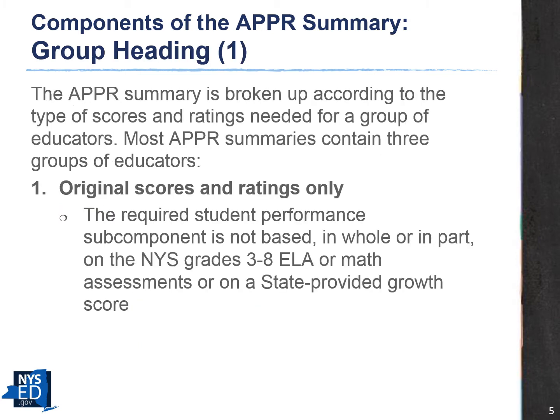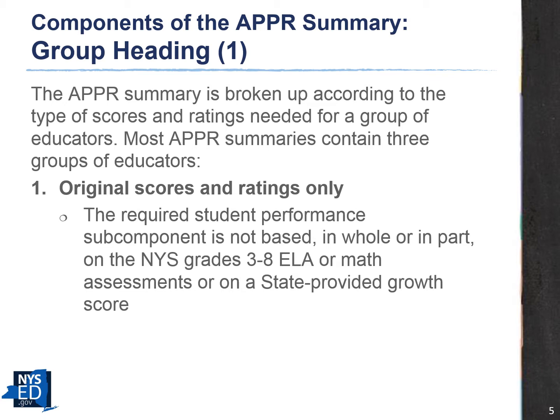Components of the APPR summary. Group Heading 1. The APPR summary is broken up according to the type of scores and ratings needed for a group of educators. Most APPR summaries contain three groups of educators. 1. Original scores and ratings only.